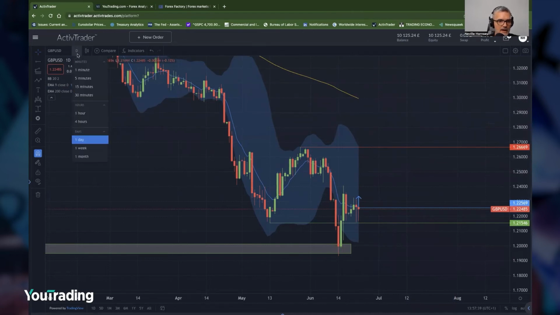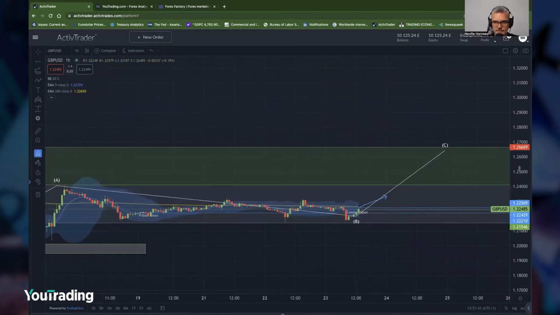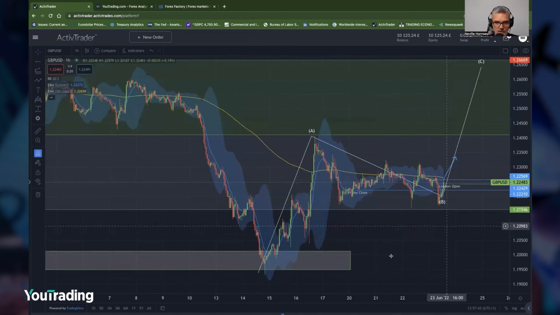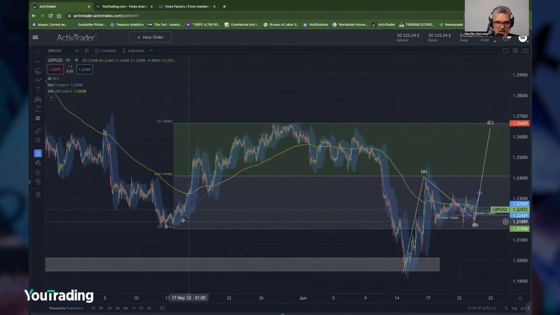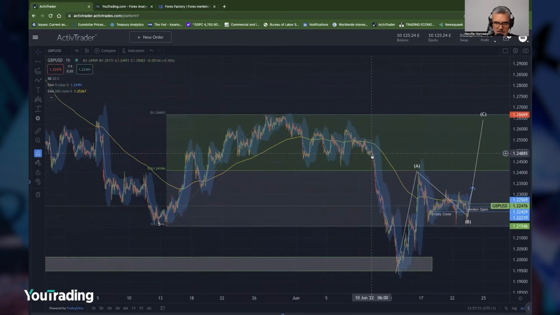So looking on an hourly chart, we had this low to this high, and I'm looking to see if we can get back into the middle of that range. We saw last week we broke lower than that range. We got back inside, went back up to the 50% level at 1.24, and then potentially we're making an ABC correction.